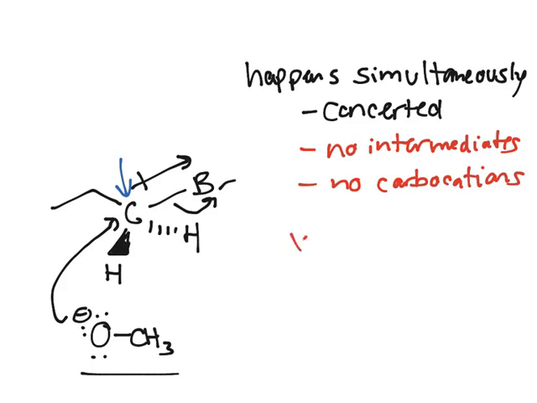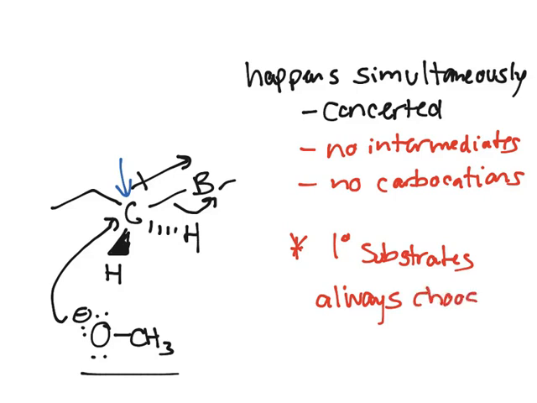And so one really important thing to remember is that primary substrates always choose Sn2. You're going to have to learn how to distinguish between whether something undergoes Sn1 or Sn2, and we'll talk about that more in the future.